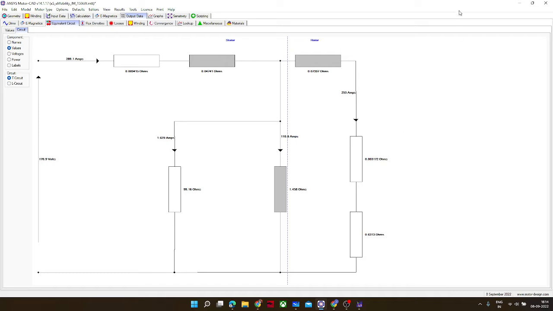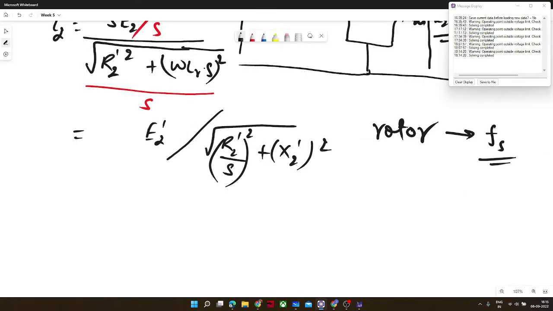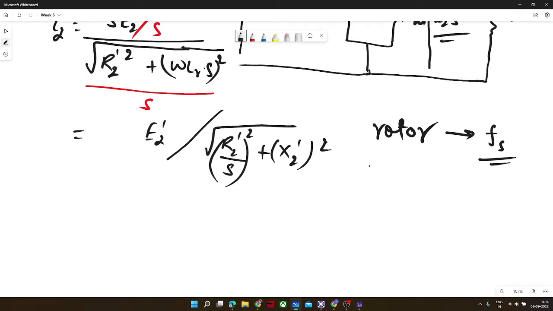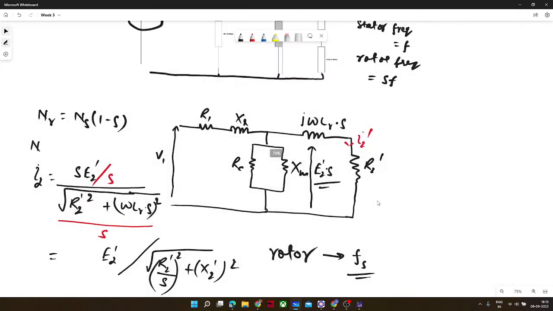So, does anybody have any answer? Yeah. The upper one is representing air power. The power through the upper one is air gap, and the second one is for rotor. Right, right. So, one component is for rotor copper loss, and one component is for mechanical developed power, right?